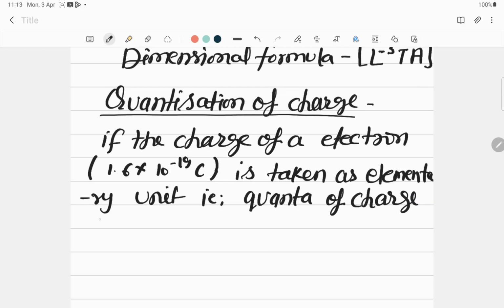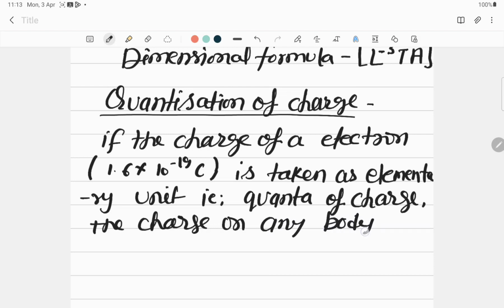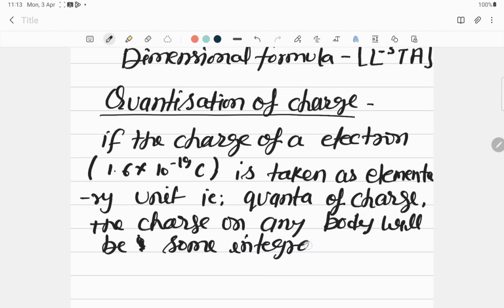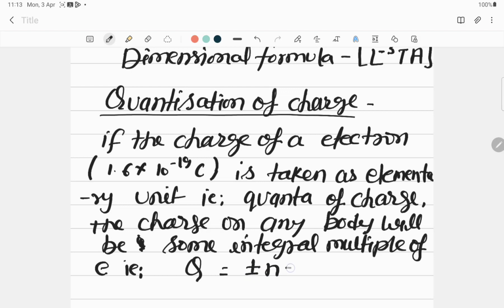The charge on any body will be some integral multiple of e, that is, Q is equal to plus minus n e, where n is equal to 1, 2, 3 and so on.